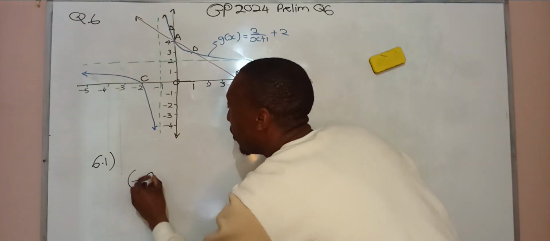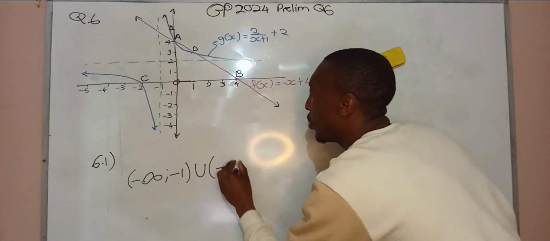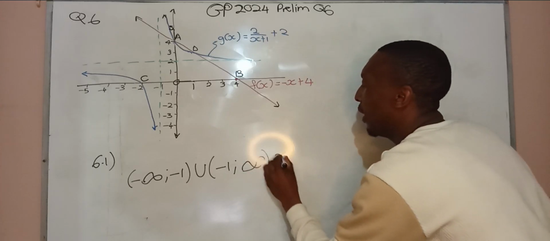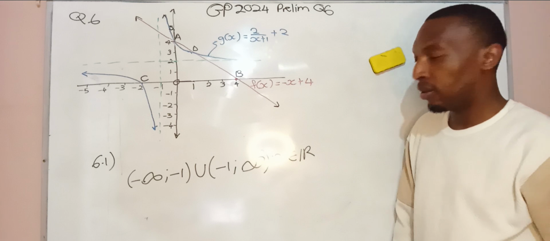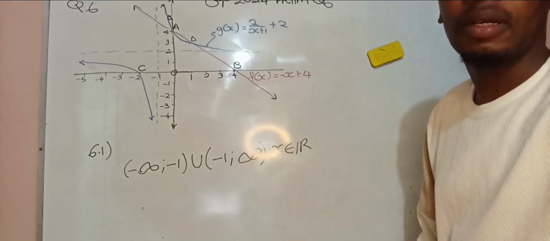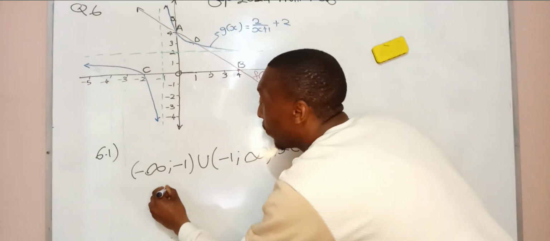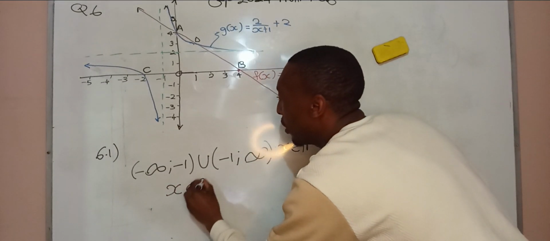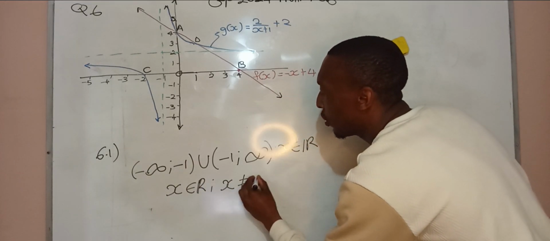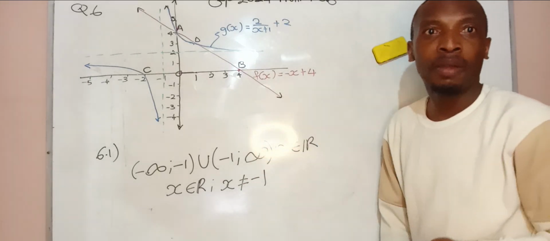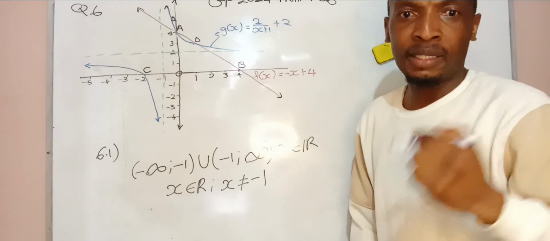So it's from negative infinity to negative 1, union, negative 1 to positive infinity, and just add that it's all real numbers. Or you can write this in this way. You can say x is an element of real numbers, but x cannot be equal to negative 1. That's another way of writing that. It's saying exactly the same thing. So that is one easy mark.